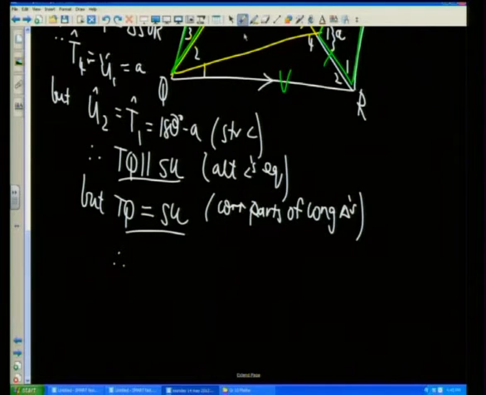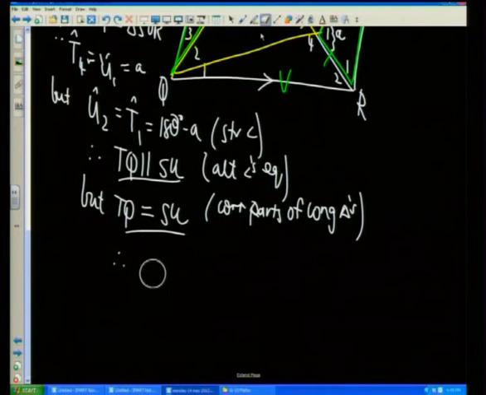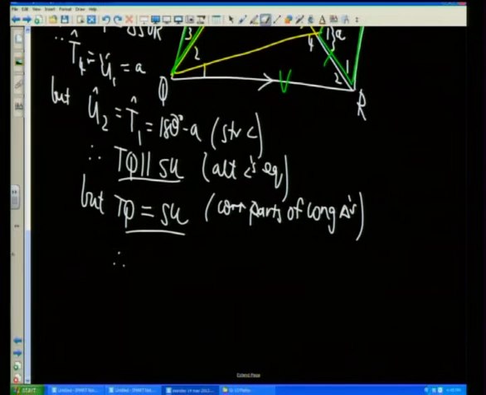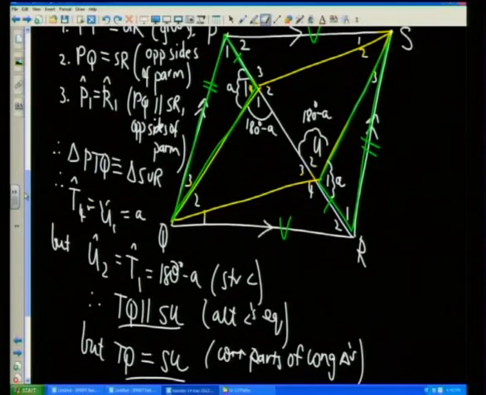let's just do that again, because the figure that we're actually working with is TQUS.